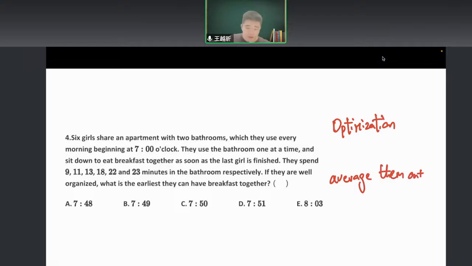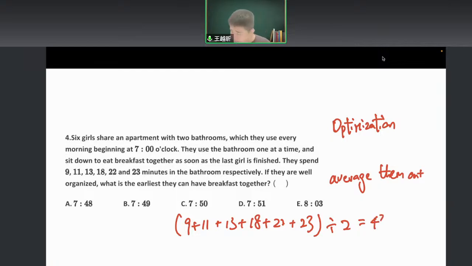So the total time taken is 9 plus 11 plus 13 plus 18 plus 22 plus 23. We average them out because there are 2 bathrooms, so we divide by 2.